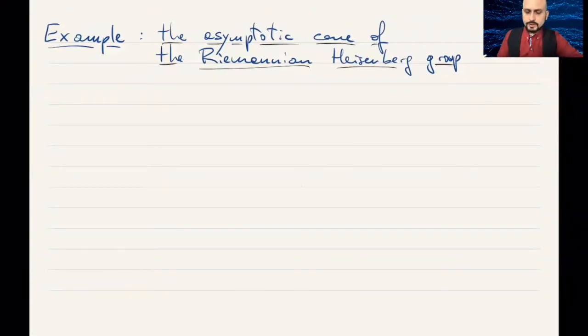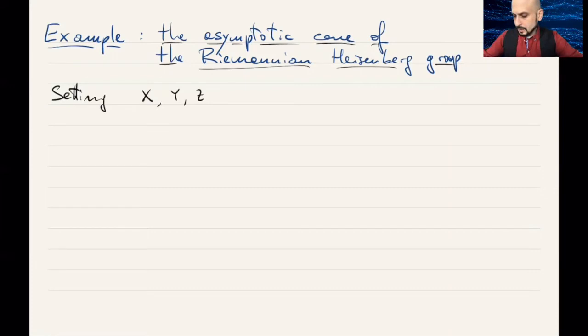Riemannian Heisenberg group and its asymptotic cone. So what is the setting? The setting is we have R3 with 3 vectors that are left invariant with respect to some group structure, and the Lie algebra structure has 3 vectors x, y, z.